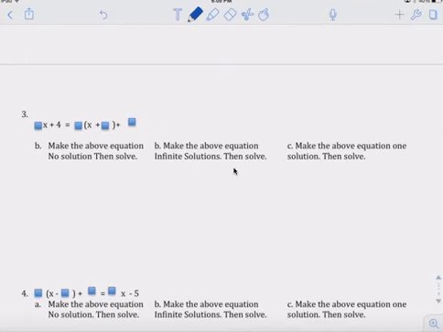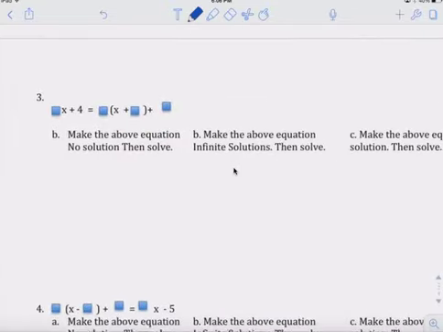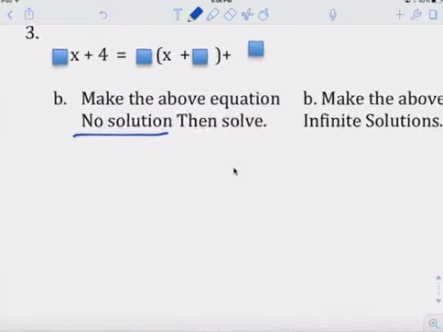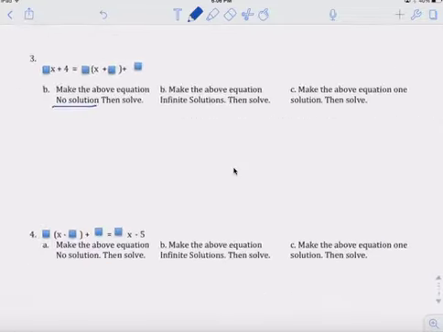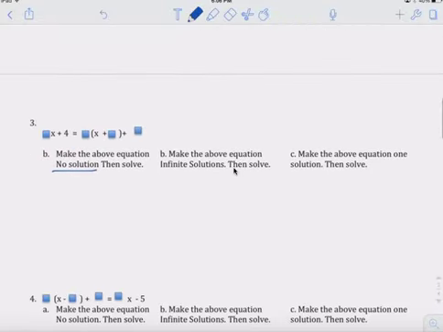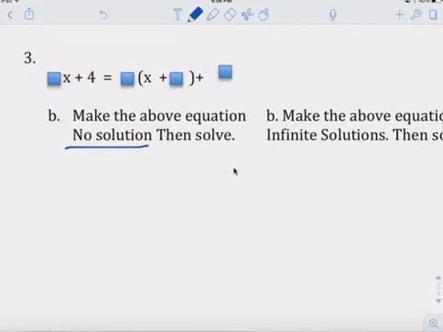Okay, number 3. When you have this type of problem, you want to make it no solution, right? No solution, remember, is when the coefficient... I will ask you this, how do you know, on the test.